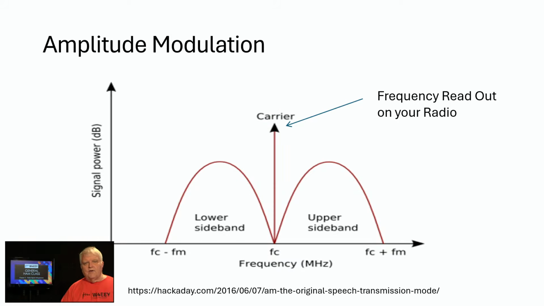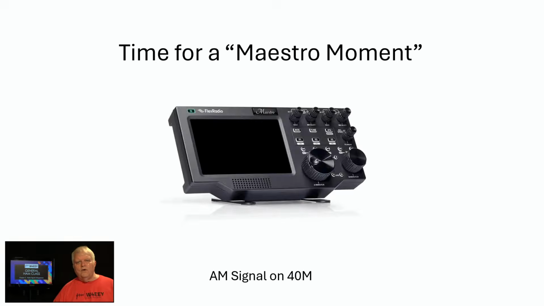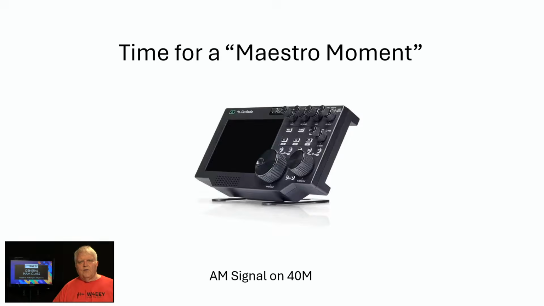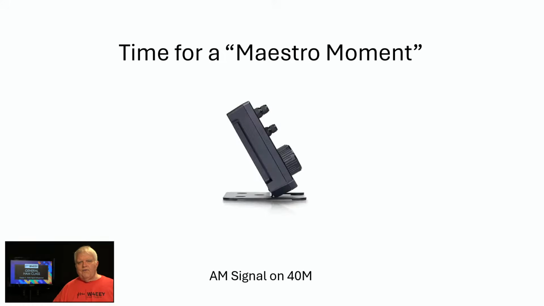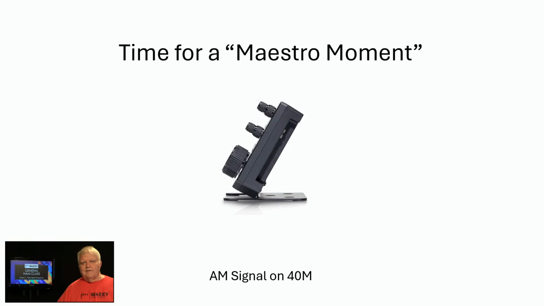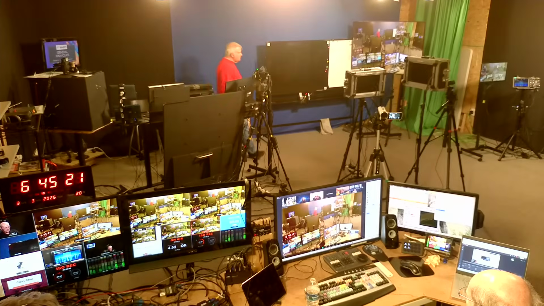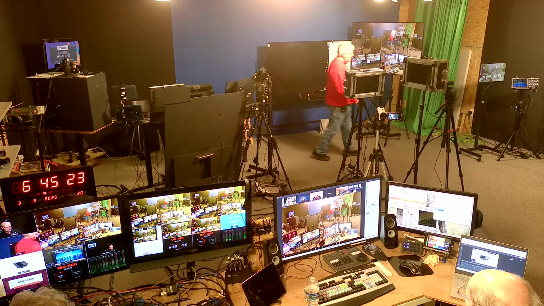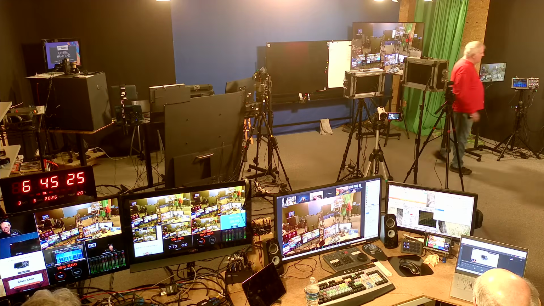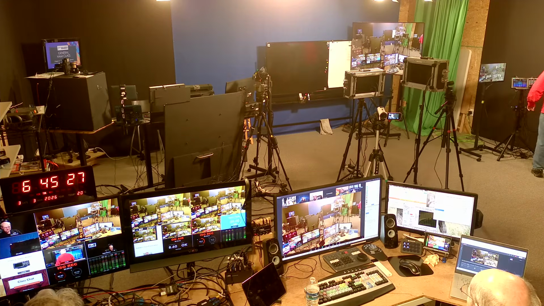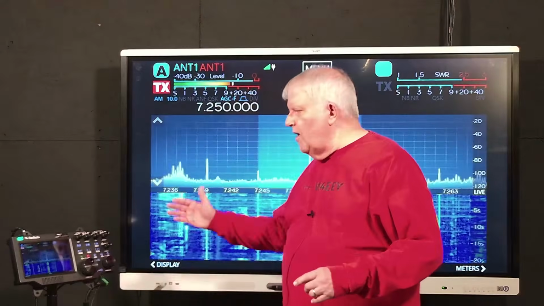And with that, I'd like to go ahead and move over to our display area where I have the Flex Radio Maestro. This is a little Maestro here on our animation. So come on with me. You can't see it very well, but over here in the corner, this is a Maestro C from Flex Radio.